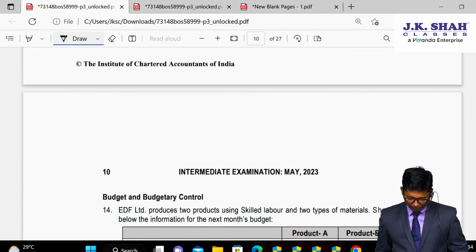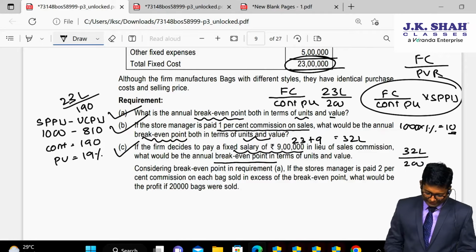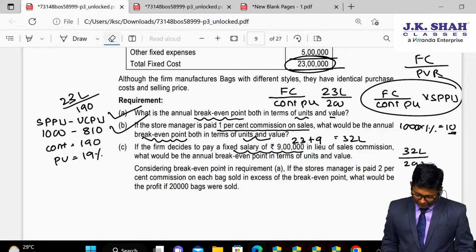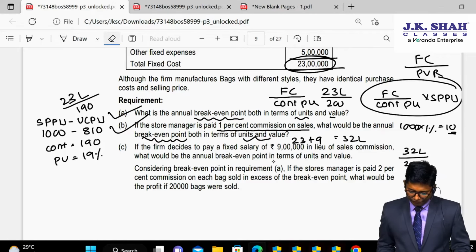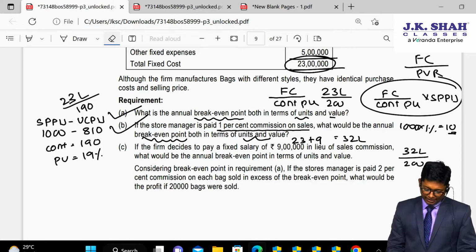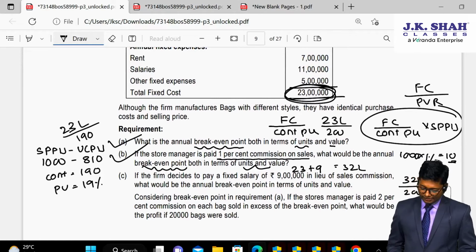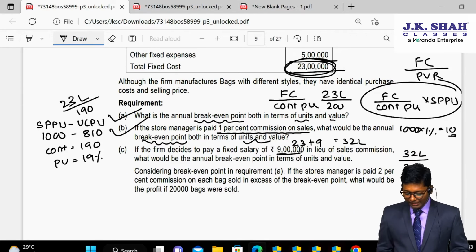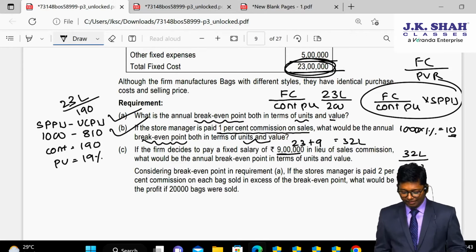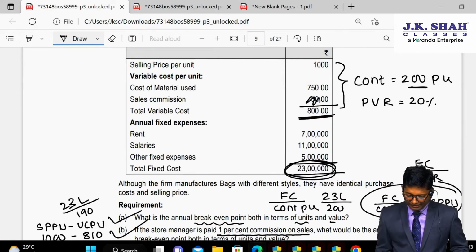And the last part of the sum, point number C, is a little important. It says if the firm decides to pay a fixed salary of rupees 9 lakhs. Now what was the fixed cost earlier? 23 lakhs. Now the company is paying a fixed salary of 9 lakhs in lieu of sales commission. Means instead of paying sales commission on 50 rupees per unit basis, they are giving salary.